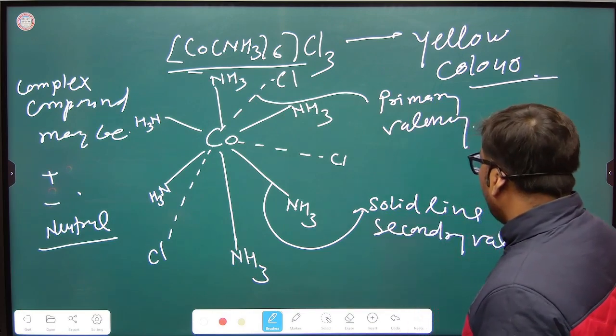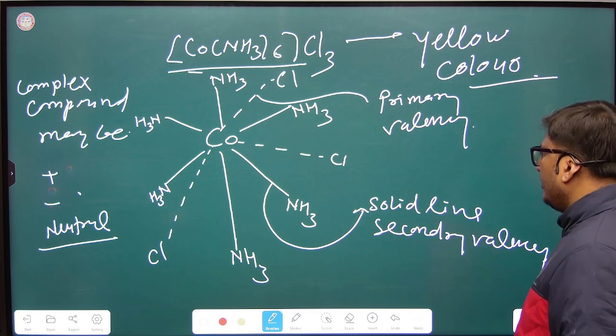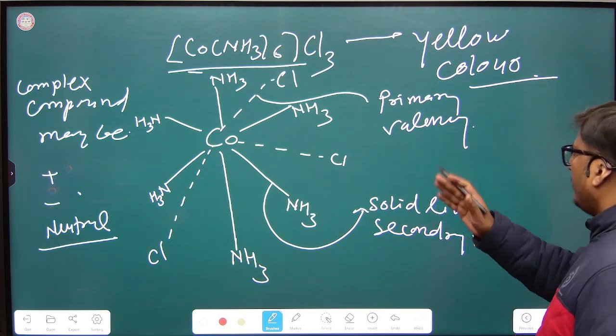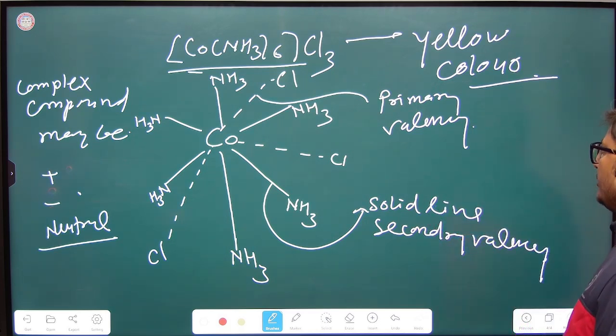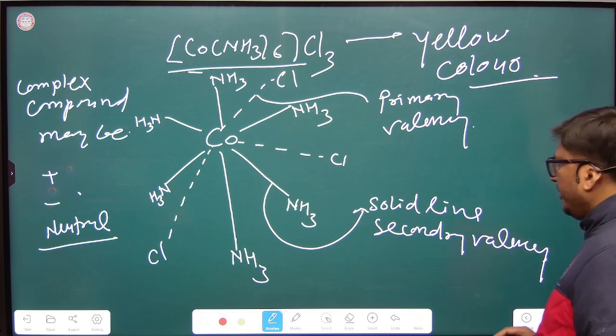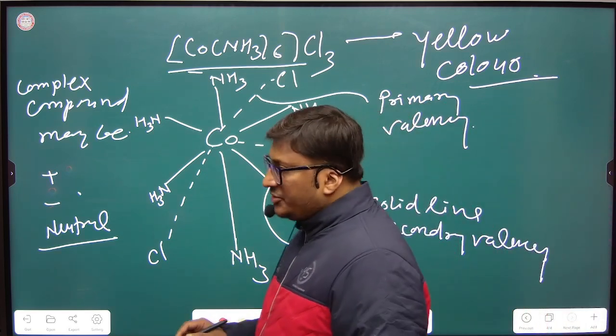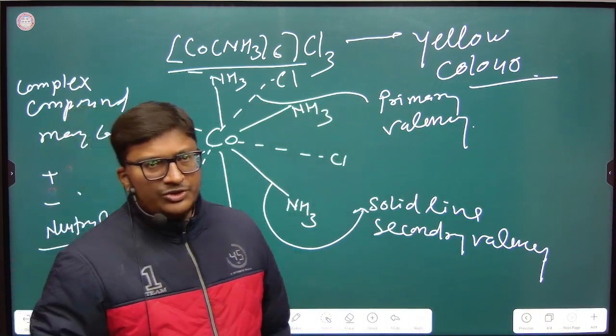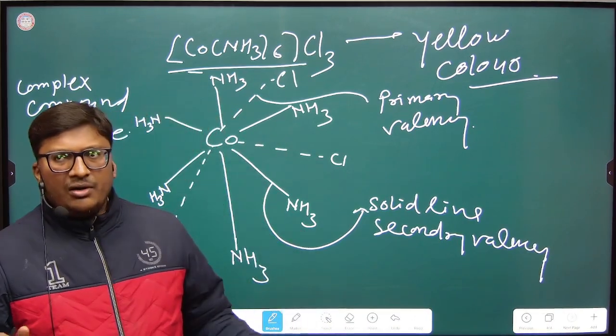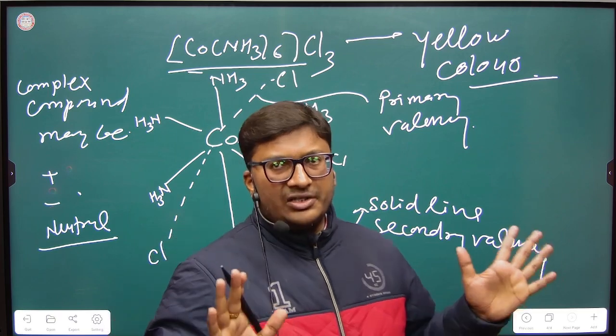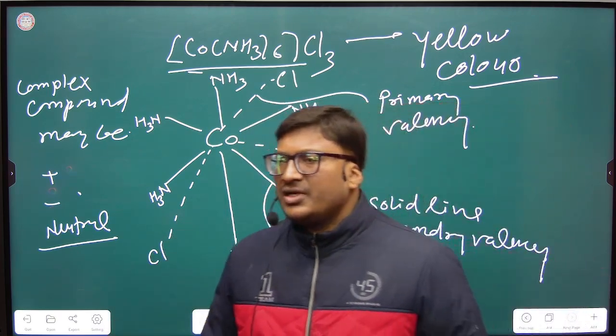For the discovery of such experiments he received the Nobel Prize in 1913. This is the way coordination chemistry came into revolution, as modern coordination chemistry. So thank you for this lecture.